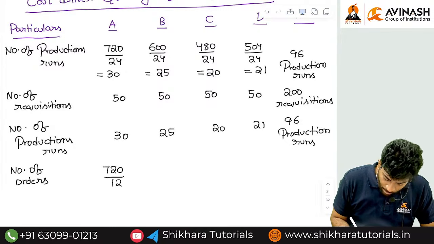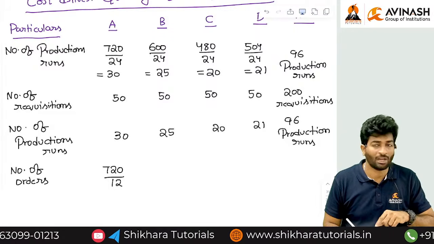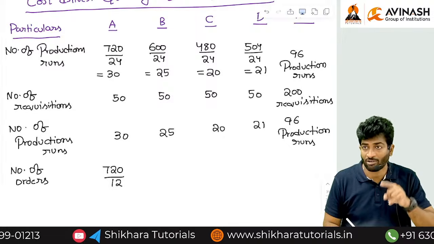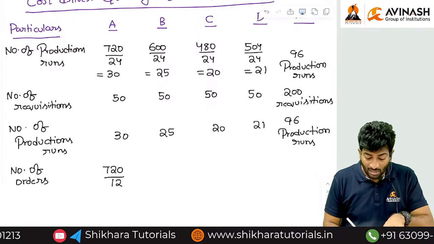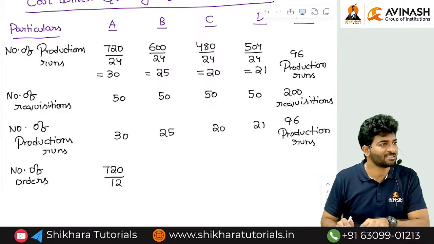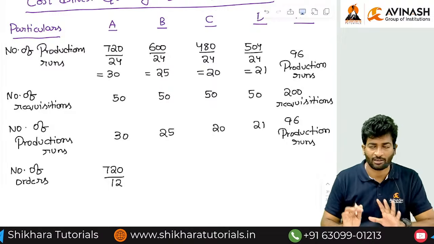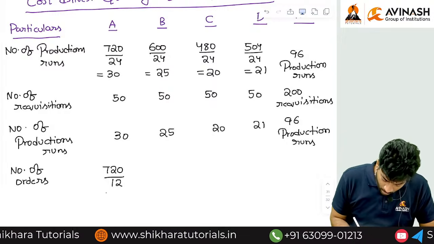It's very simple. First row you have 24. Now you are dividing by 12. 12 is half of 24, so the production runs will get double. That is the reason 96 becomes 192. Is it clear? Or else please calculate. Now this is 60.